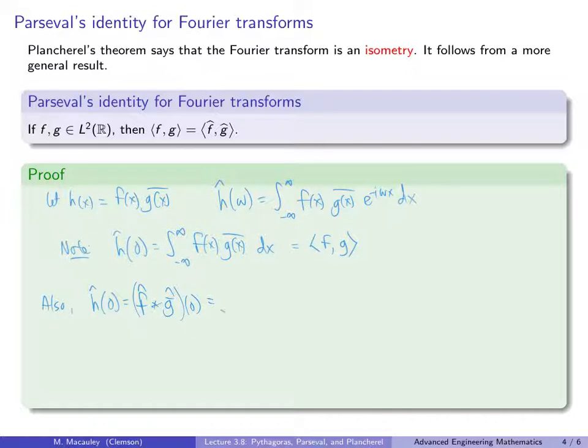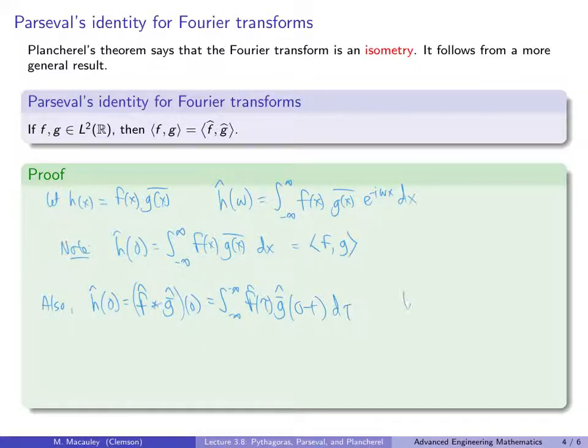So this is, by definition, the integral from negative infinity to infinity of f hat of tau g bar hat of usually t minus tau, but since we're plugging in 0 for t, I'm going to write 0 minus tau d tau.